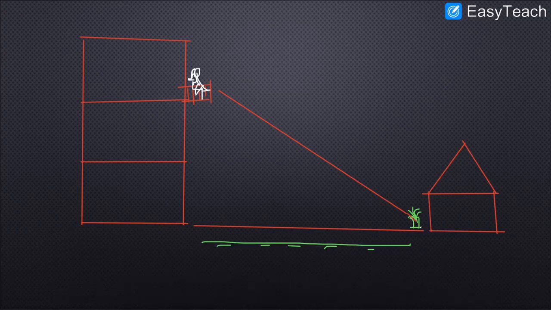Can we find the distance between these two houses, or the width of the river, once the height where the girl is sitting is given? Yes, it is possible using trigonometric application. Look here, this situation makes a right angle triangle, right?